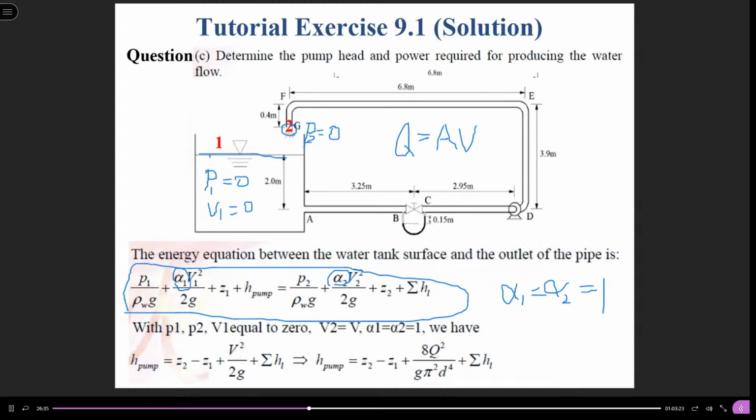So with this information, this equation can be rewritten in this form. Then substitute the equation for the correlation of velocity and flow rate. It can be changed into this form, right?